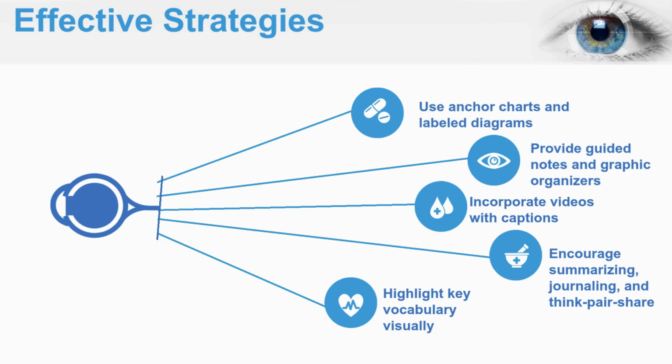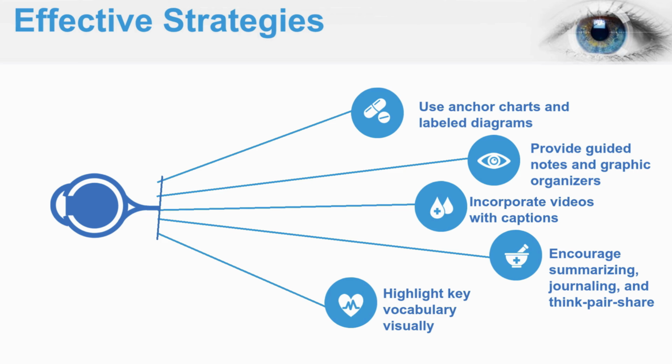Some effective strategies in the classroom for the visual verbal learner: use anchor charts and labeled diagrams. Provide guided notes and graphic organizers. Incorporate videos with captions. Encourage summarizing, journaling, and think, pair, share, and highlight key vocabulary visually.